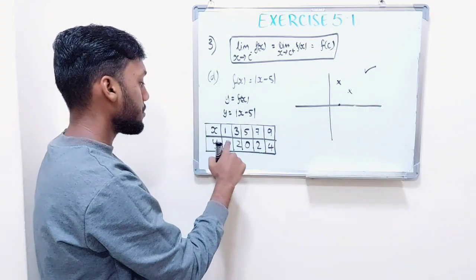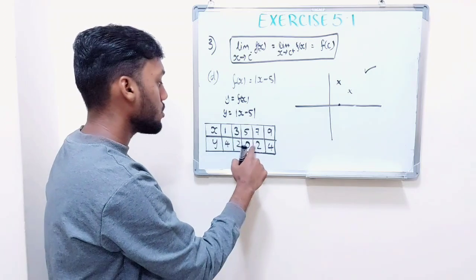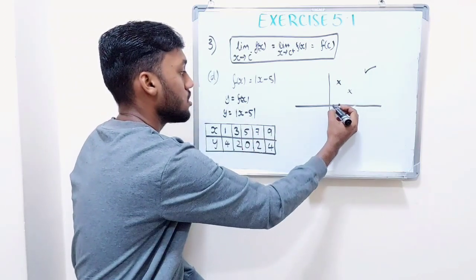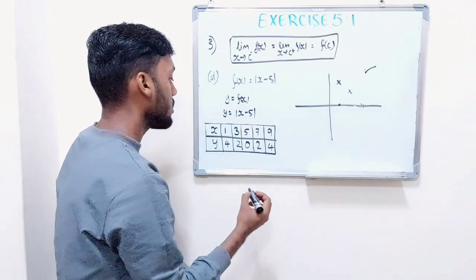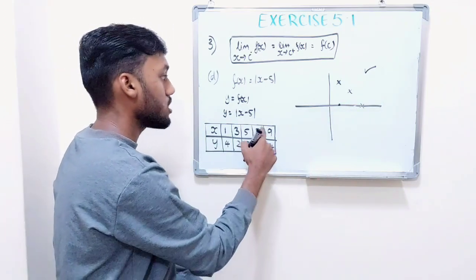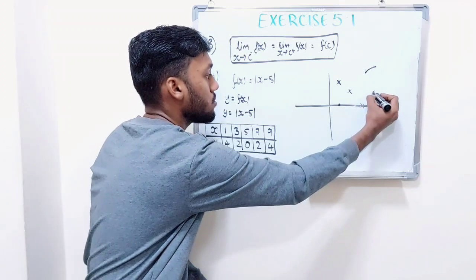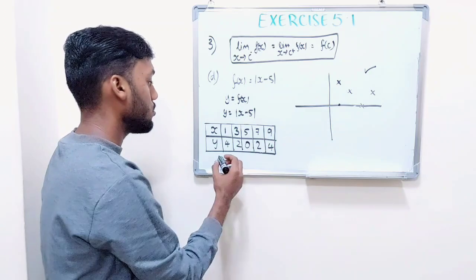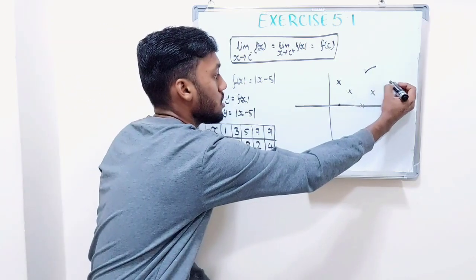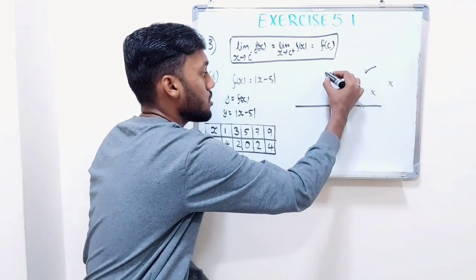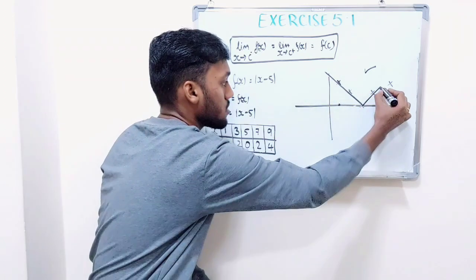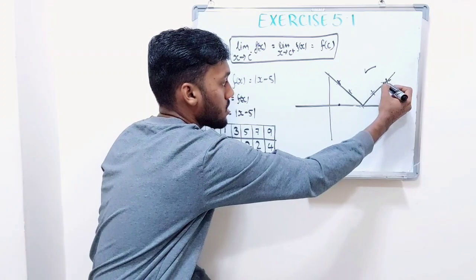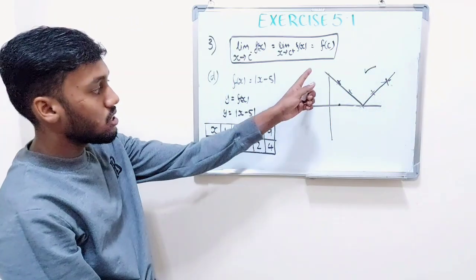Then y is 0 and x is 5 comes here, right? And y is 2 and x is 7 comes here, and y is 4 and x is 9 comes here somewhere. So if you notice, the graph comes something like this.